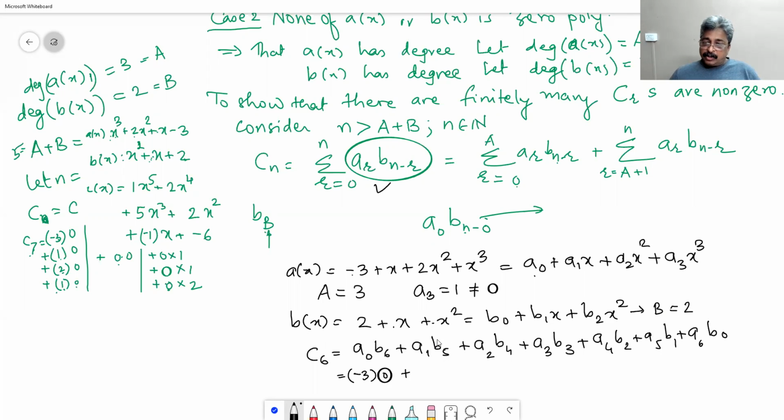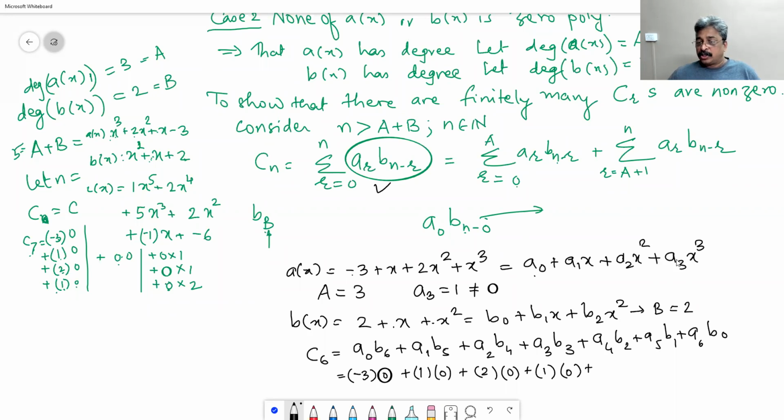So plus, what is a1? a1 is 1. And how much is b5? 0. How much is a2? 2. How much is b4? 0. How much is a3? a3 is 1. How much is b3? Again 0. How much is a4?